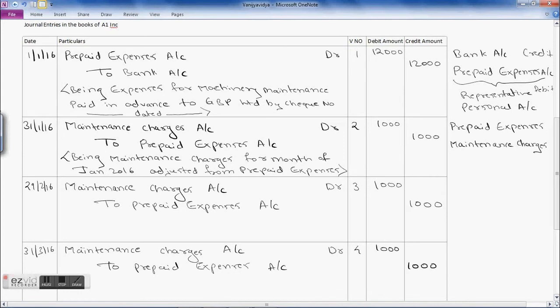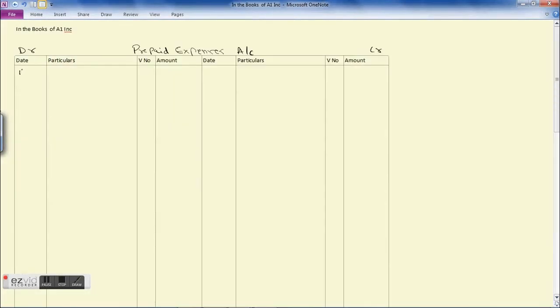Prepaid expenses account is debited and bank account is credited, right? So on 1/1/2016, the entry will be on the debit side of prepaid expenses account to bank account, and voucher number I'll put it as 1, amount is 12,000.